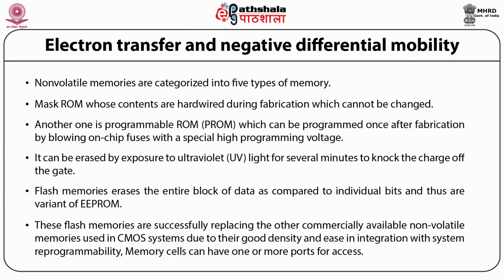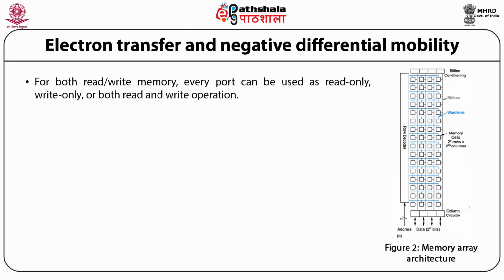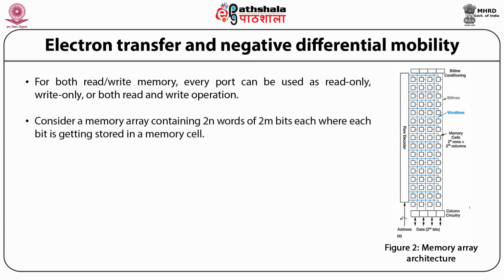Memory cells can have one or more ports for access. So for both read-write memory, every port can be used as read-only, write-only, or both read and write operation. So consider a memory array containing 2^n words of 2^m bits each, where each bit is stored in a memory cell.